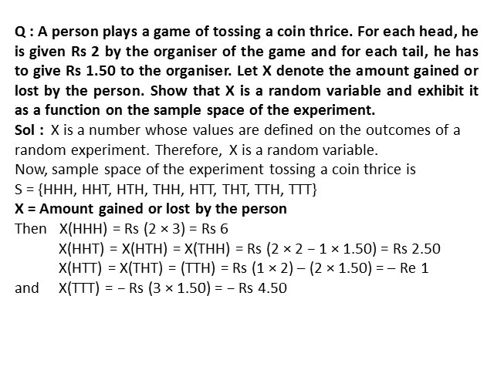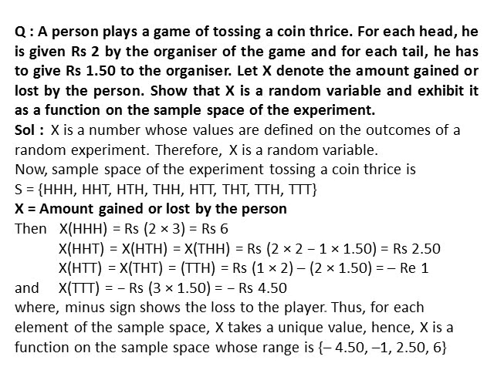For each tail he has to give rupees 1.50. So for outcome TTT he has to give rupees 4.50, meaning a loss of rupees 4.50. So X equals minus 4.50.